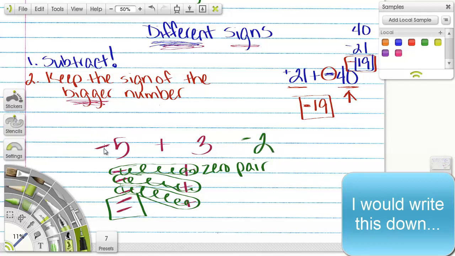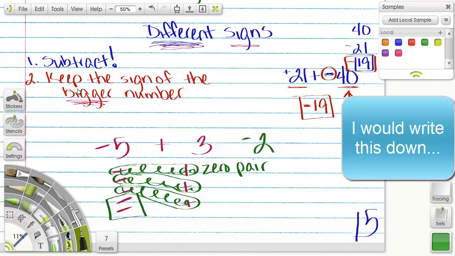I got that from saying 5 minus 3, because I subtract. 5 minus 3 is 2. And I got the negative sign because my bigger number had a negative. The bigger team wins. If that helps you remember it. The bigger team wins. Always.